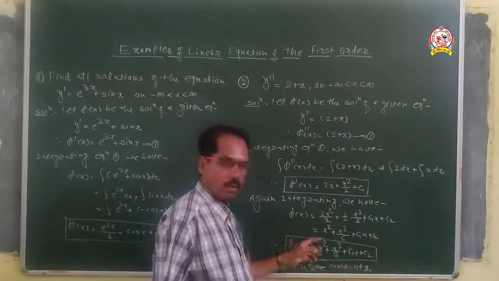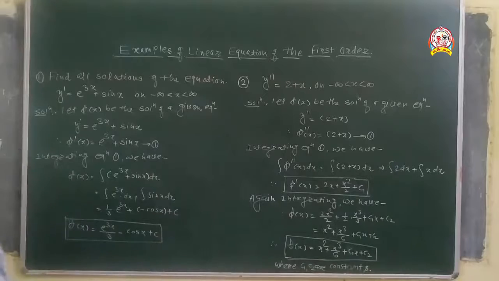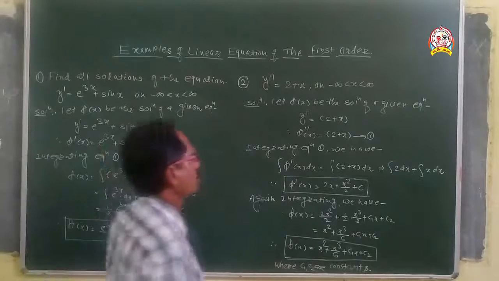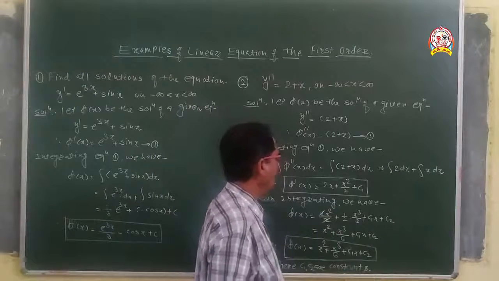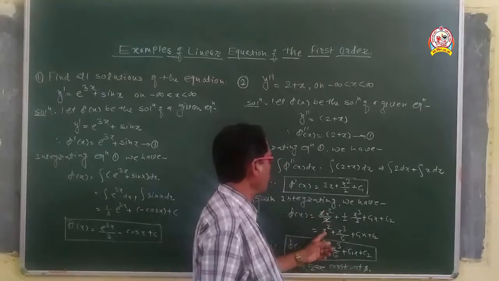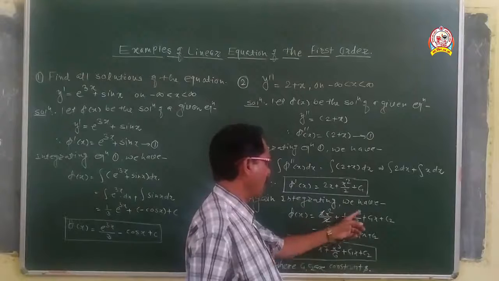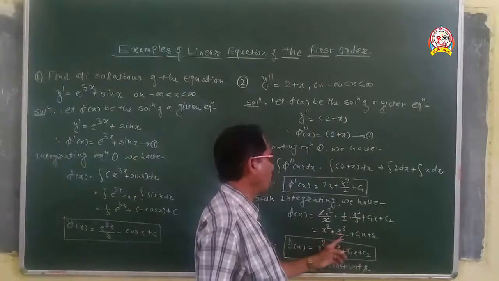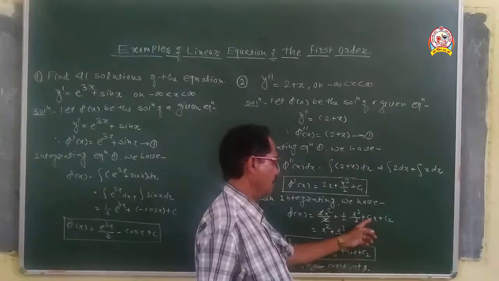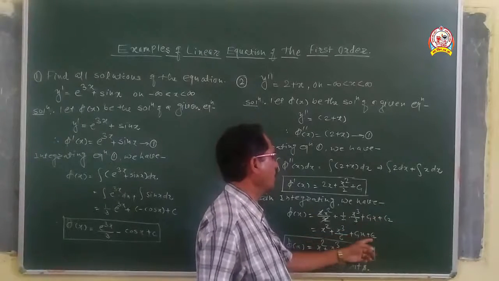Now cancel this 2 with 2, the remaining terms are x^2 plus x^3/6 plus c1x plus c2.